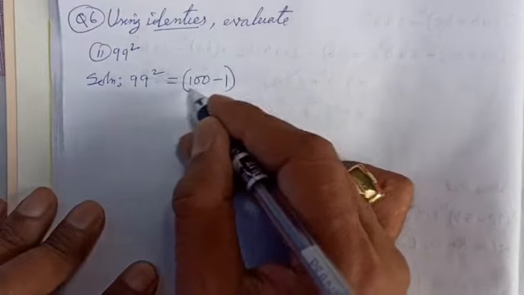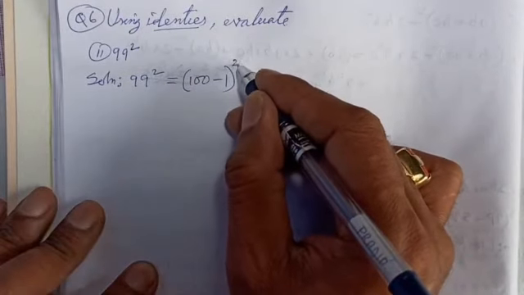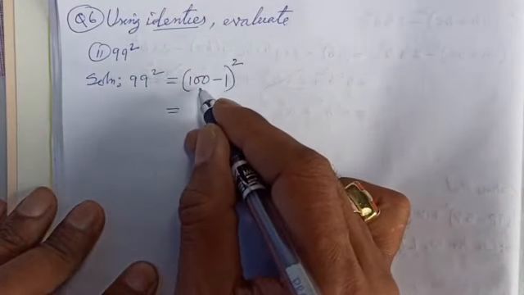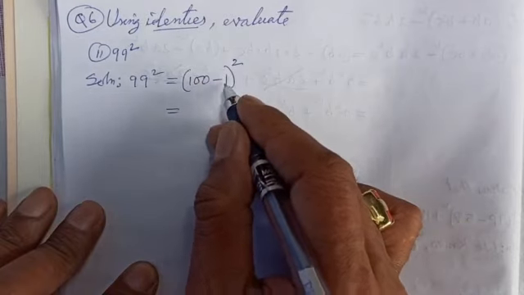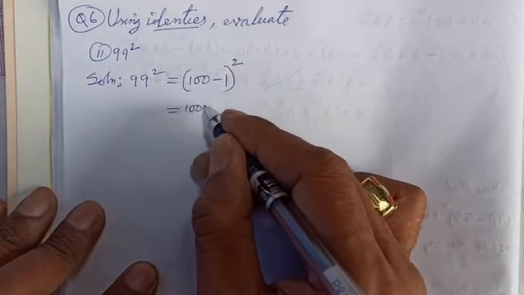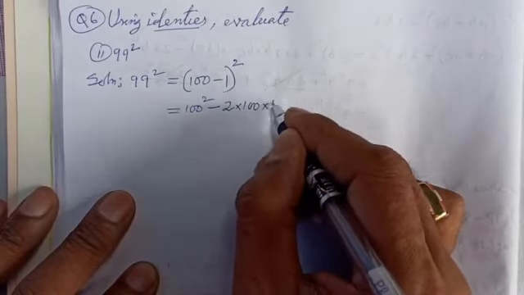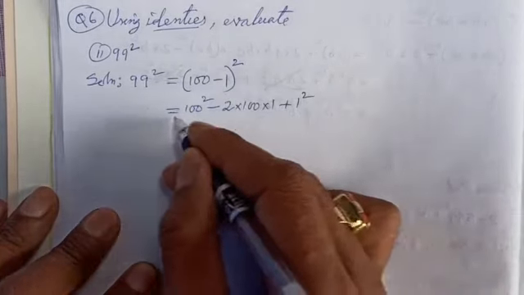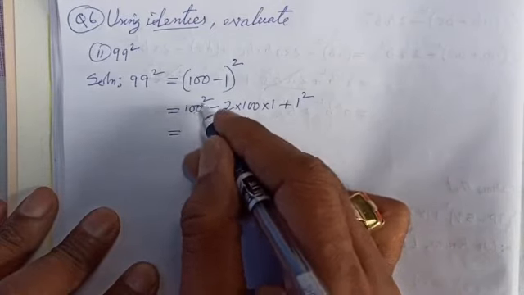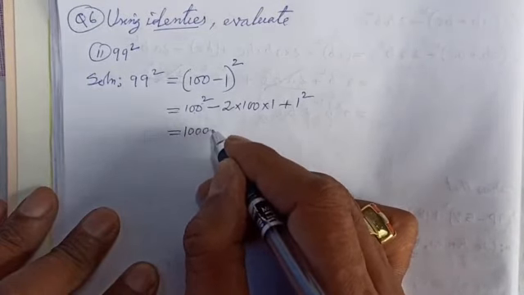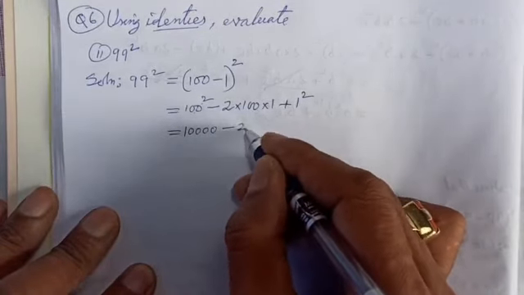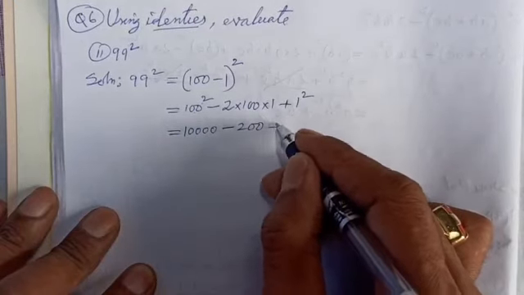Then here is the power 2, so we have to keep that power 2 here. This is identity number 2, a minus b whole square. Let us use that identity: a square minus 2ab plus b square. We are writing like this. 100 square is 10,000, minus 200, plus 1 square is 1.